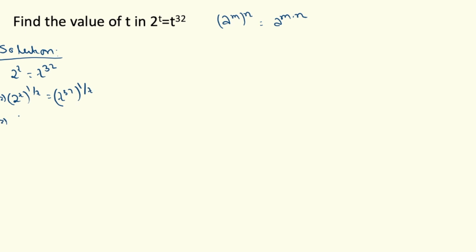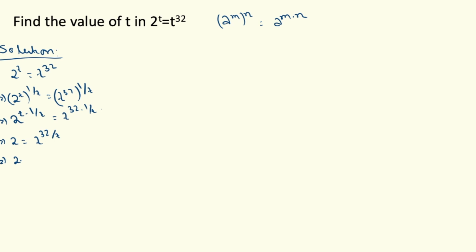This would mean on the left hand side 2 to the power t into 1 by t equals t to the power 32 into 1 by t. t will cancel out. This would give us 2 equals t to the power 32 by t.